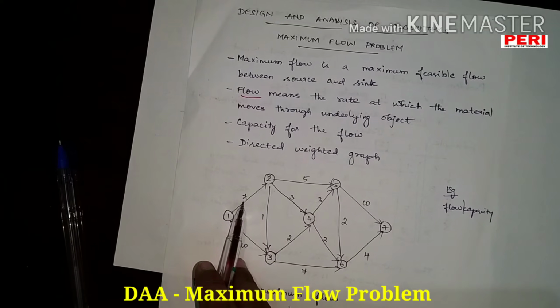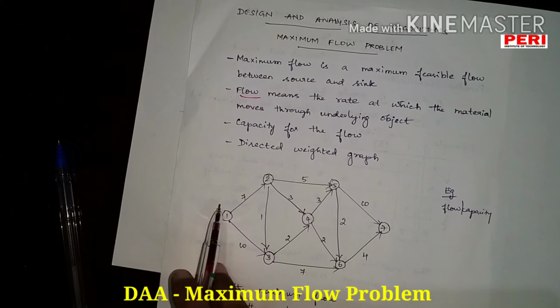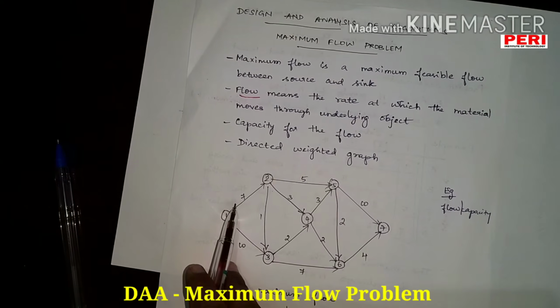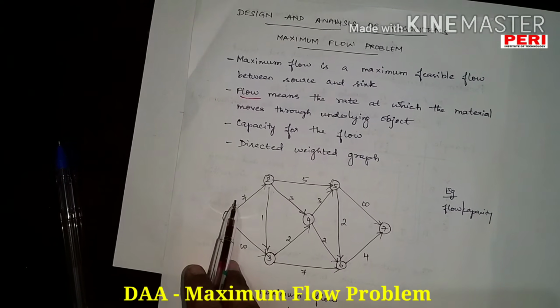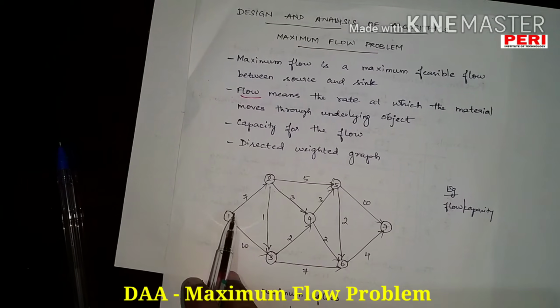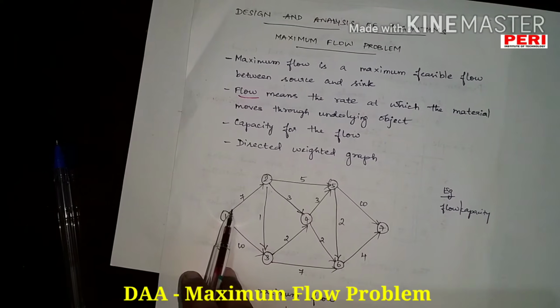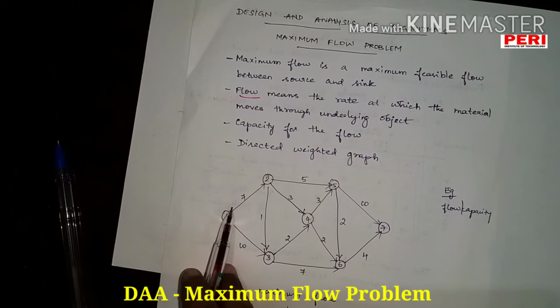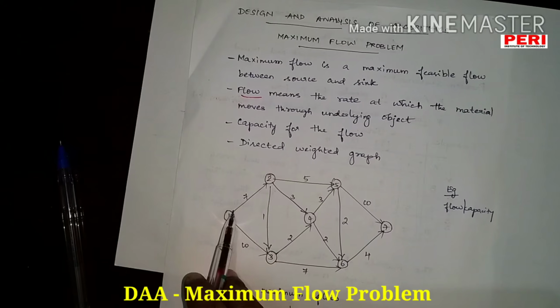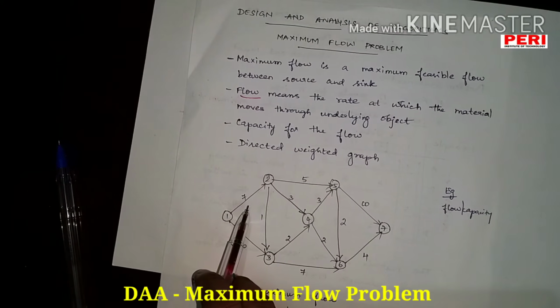So I can send 1 liter of water, 2, 3, 4, 5, 6 and even 7 liters of water over this pipe because the maximum capacity for this pipe is 7. But if I tend to send 10 liters of water over this particular pipe, it cannot be sent. Why? Because the maximum flow is only 7.